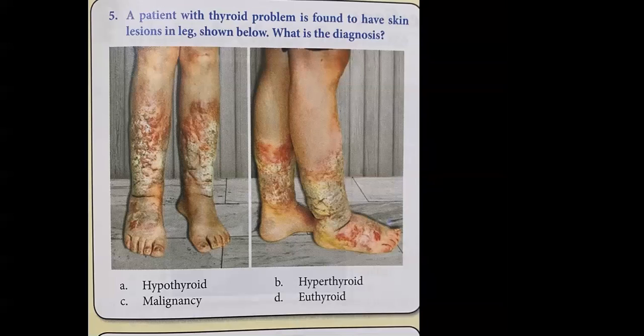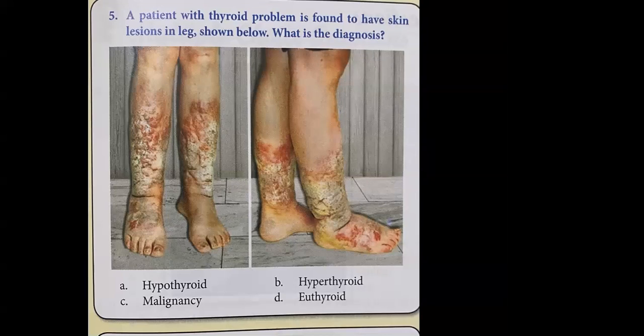The primary function of the thyroid gland is that it is an endocrine gland secreting T3 and T4. T4 is thyroxine, T3 is triiodothyronine. These two hormones are responsible for the basal metabolic rate, BMR. So if there is a need for heat production anywhere in the body, it is primarily due to the T3 and T4 hormones.